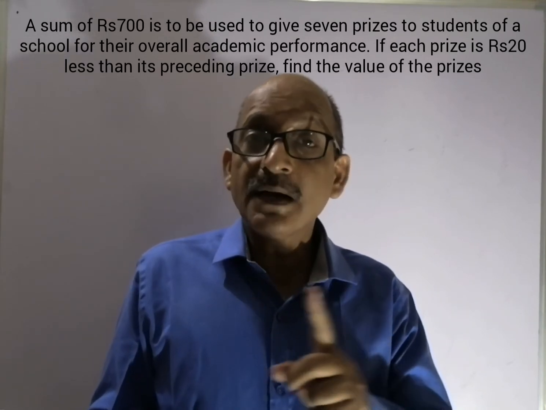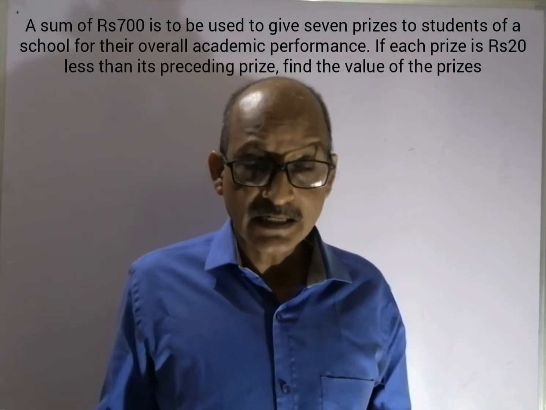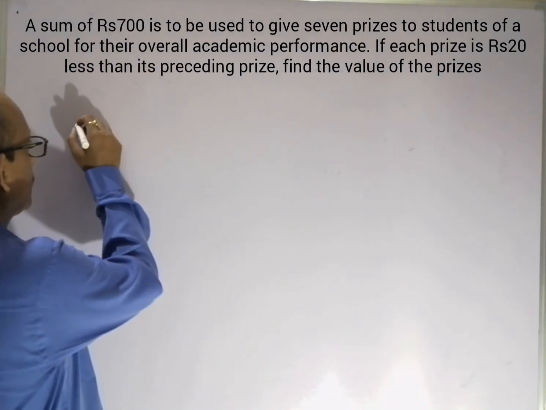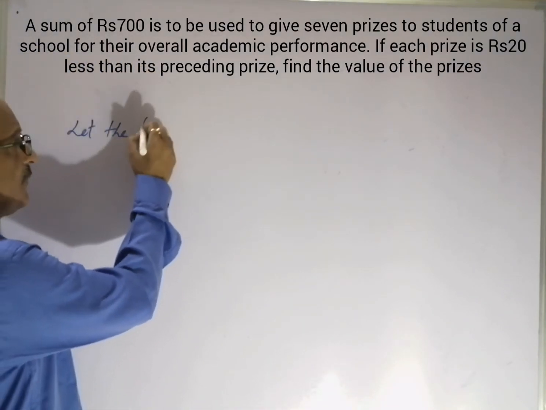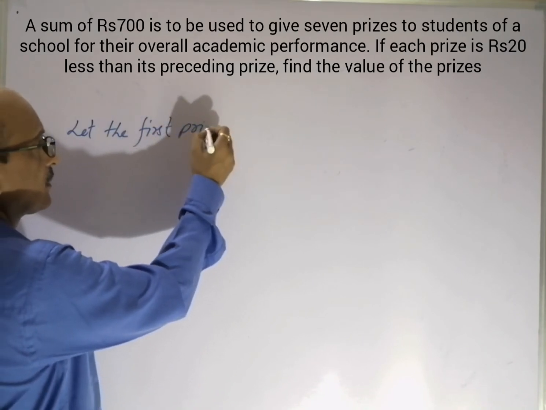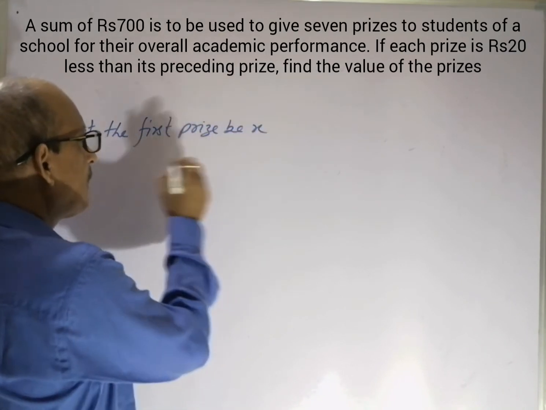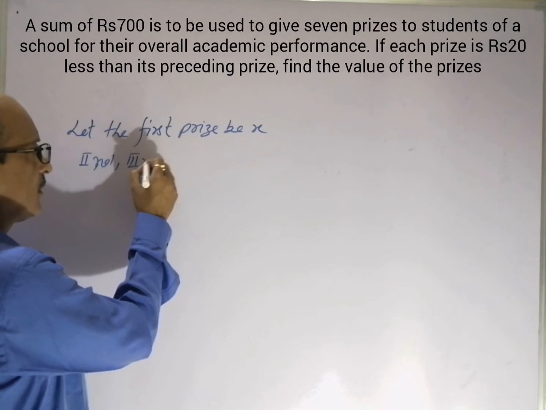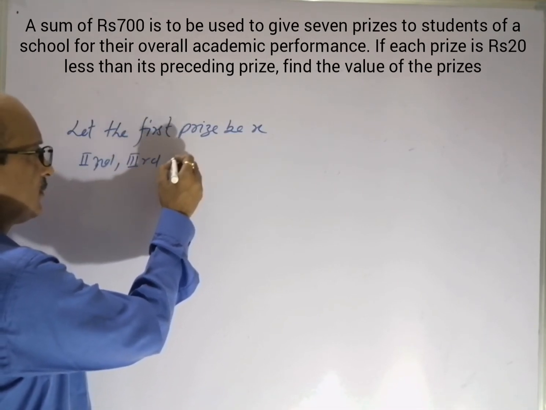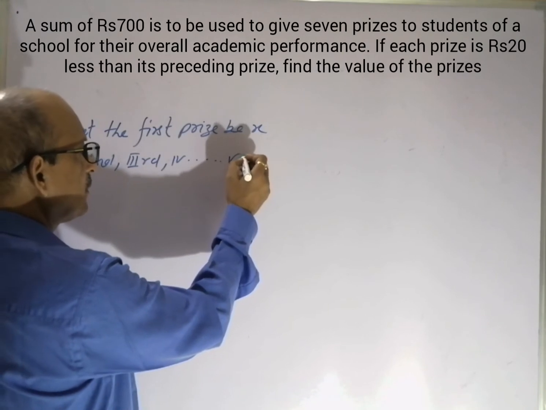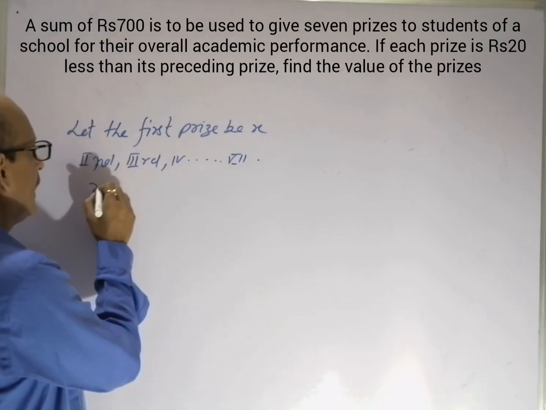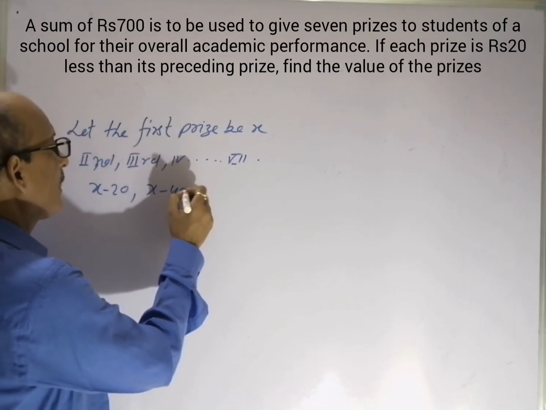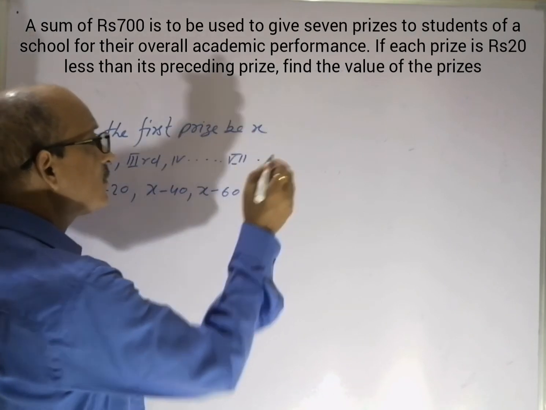But take care, here the first prize is not known to us. So we have to consider. Let the first prize be X. So obviously second, third and fourth, 7th prizes will be X minus 20, X minus 20 minus 20, that is X minus 40, X minus 60 and so on.